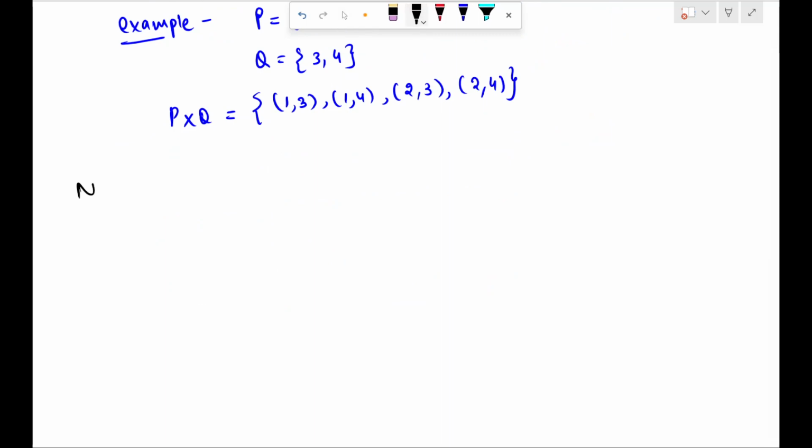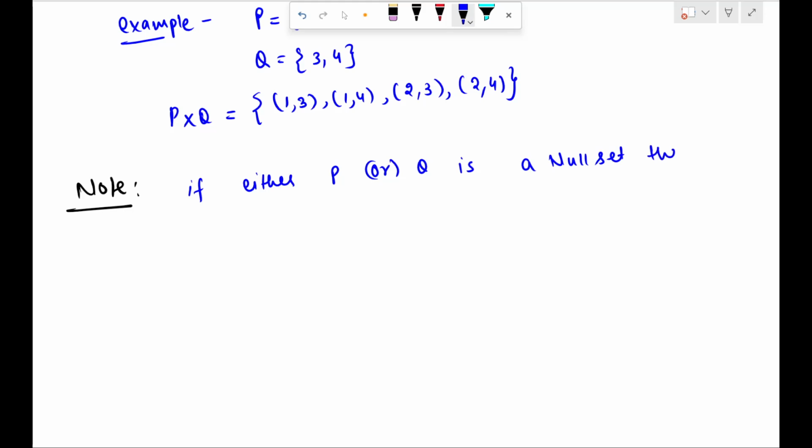So here is a note. If either P or Q is a null set, then P cross Q will also be an empty set.